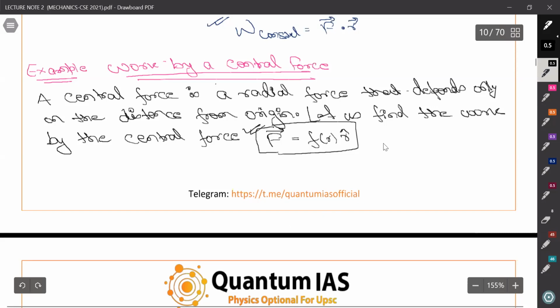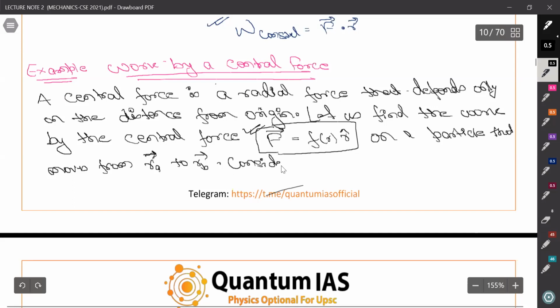Okay. On a particle that's moved from r_A vector to r_B vector. Okay.